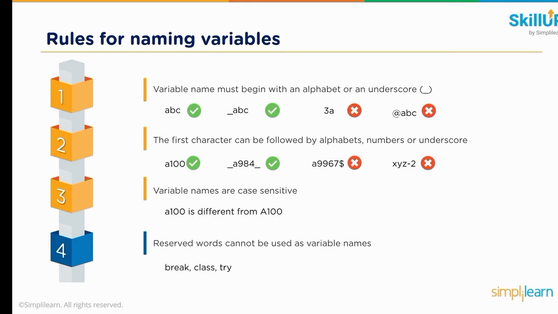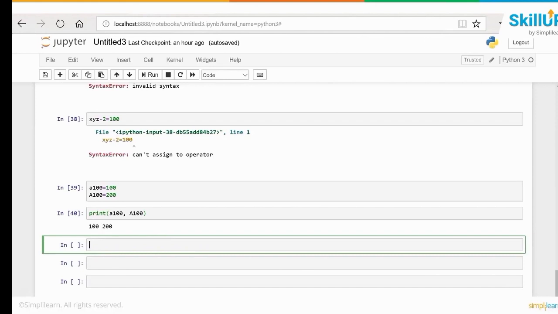You cannot use words which have special meaning to the language as variable names. So some of these words are break, class, try. You have other words such as continue, while, which is a loop, or if, which is a conditional statement.